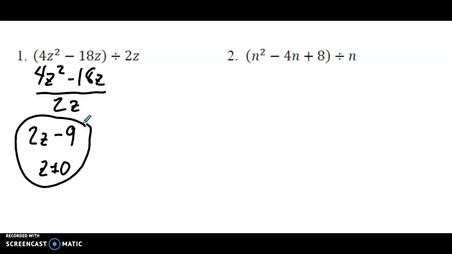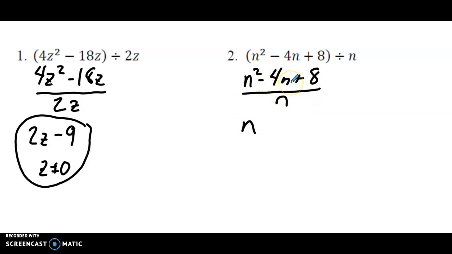Number 2. n squared minus 4n plus 8 divided by n. Again, I'm going to rewrite this as a fraction: n squared minus 4n plus 8, all of that over n. And now I'm going to divide each term by that n. n squared divided by n is n to the first.